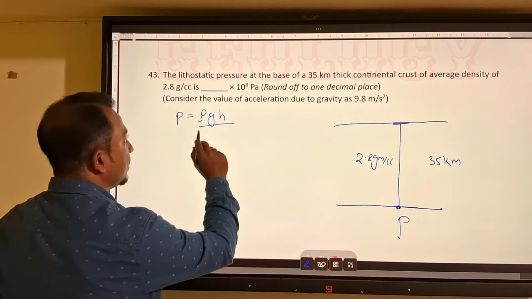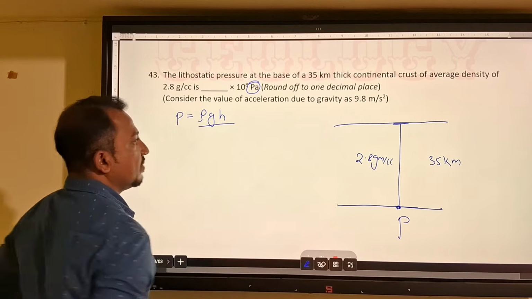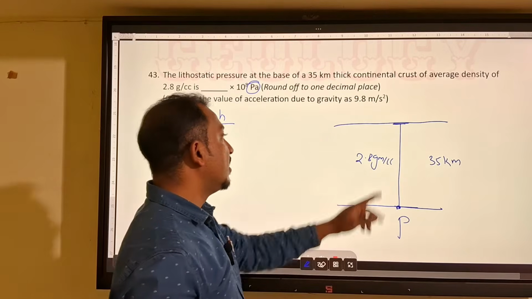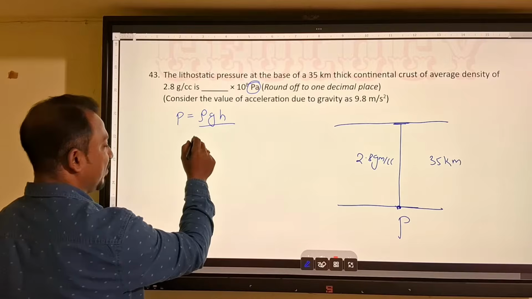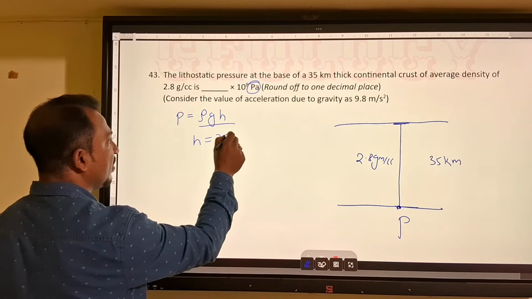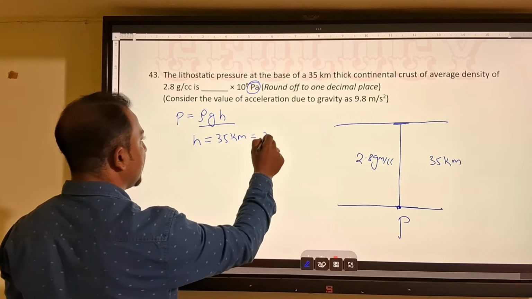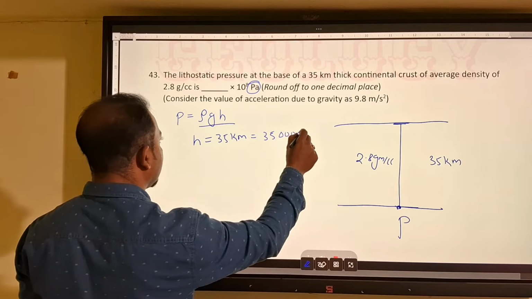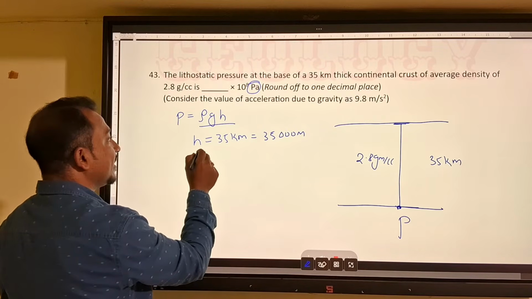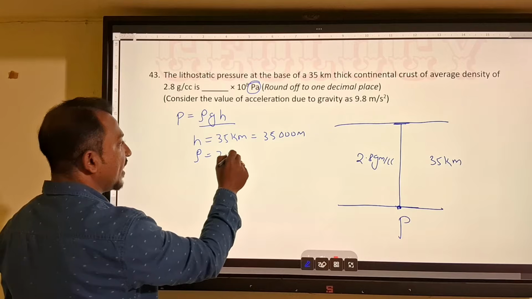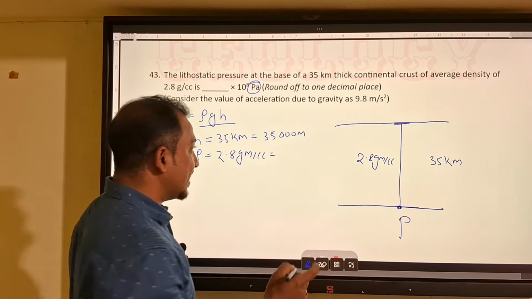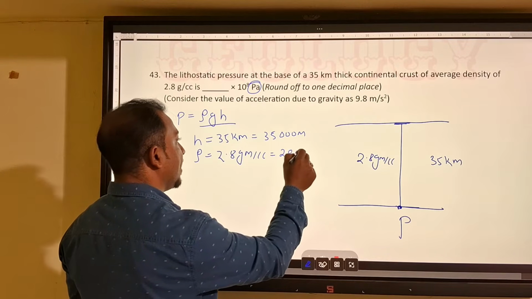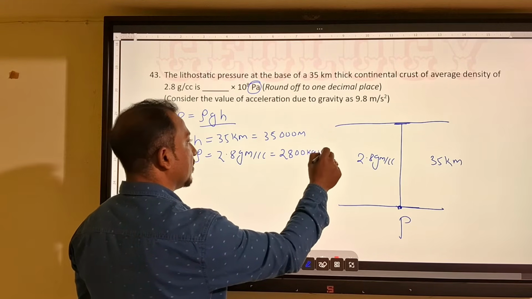The answer is asked in Pascal, so you have to convert all these units into SI units. For h, the depth given is 35 kilometer, which you convert to 35,000 meter. Rho is given as 2.8 gram per cc, which we convert into kg per meter cube, which will be 2800 kg per meter cube.